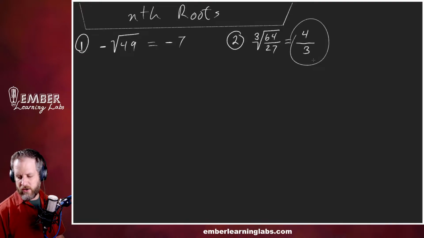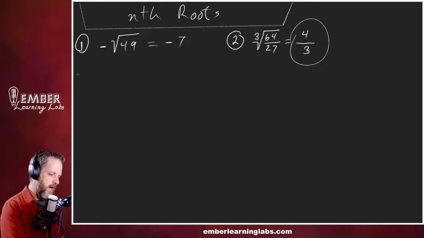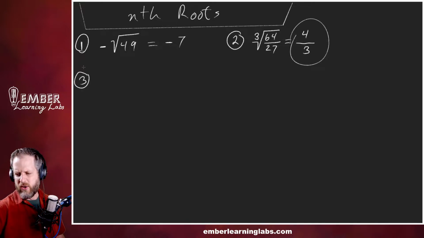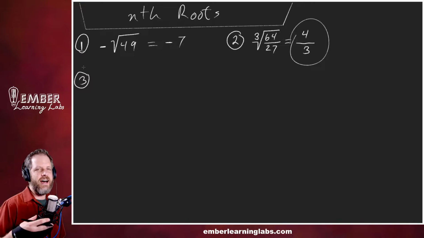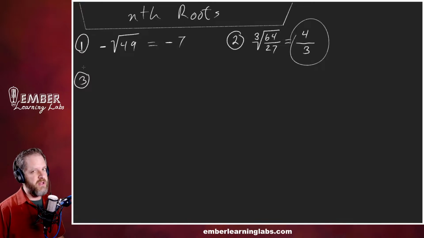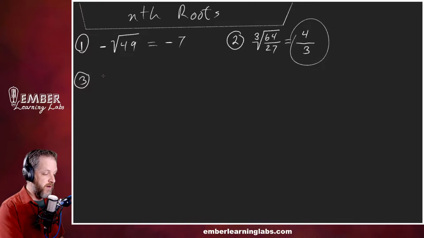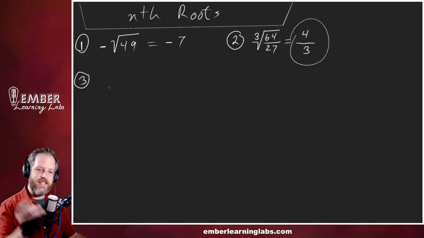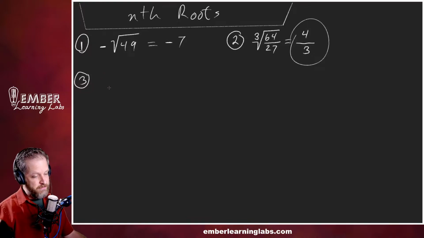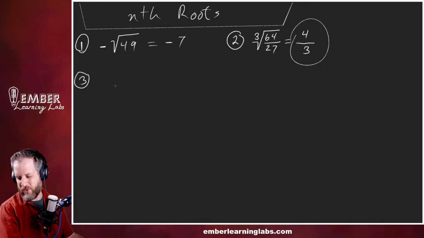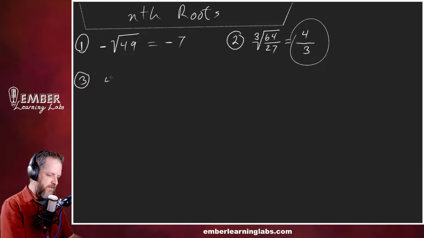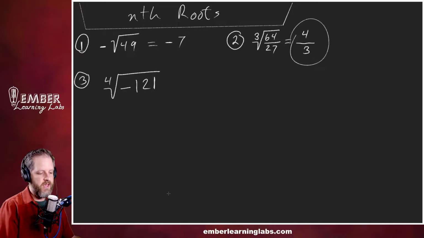Let's do one more of this kind, and then we'll do something where you can't just plug it into the calculator. I know you're getting all excited, like, oh, this is going to be the easiest lesson ever, and it is, but it's not just calculator work. Okay, so what about the 4th root of -121?